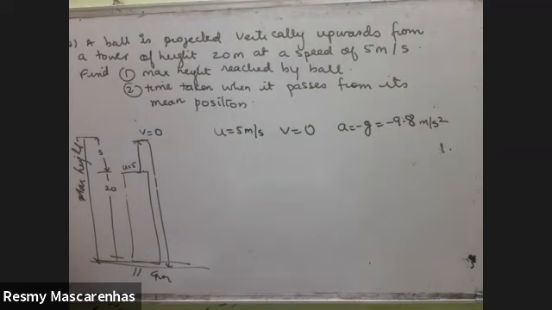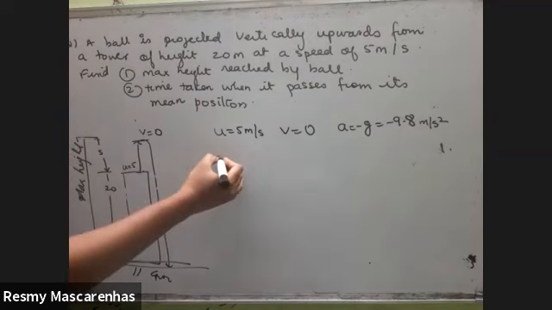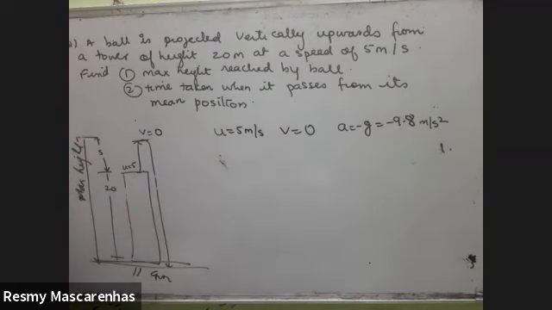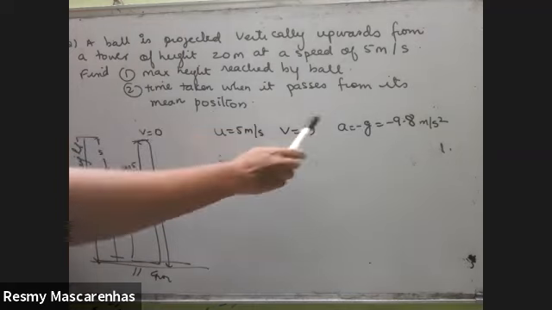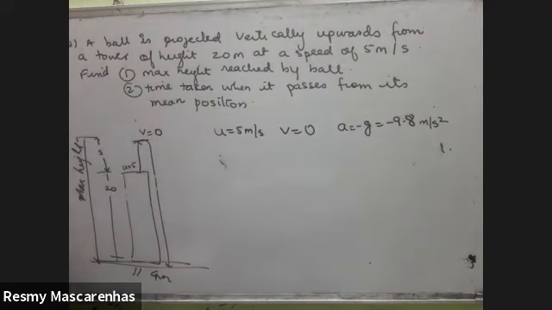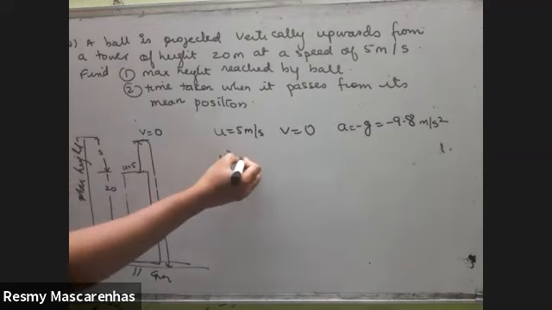Before this, you have to calculate a distance. So which equation will you use? The third one, in terms of a, v and u. The first and second equations have time in them, so we cannot use those because we don't know the time. So we'll use the third one.